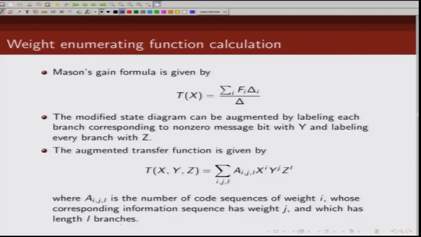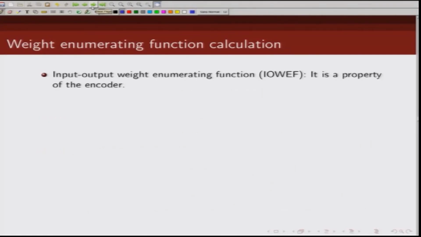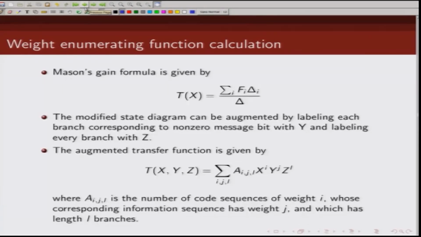By length I mean the time from when it diverges from the all 0 state until it comes back to the all 0 state. So, this is basically what we call the input output weight enumerating function, because this function is enumerating for what input you get what output.